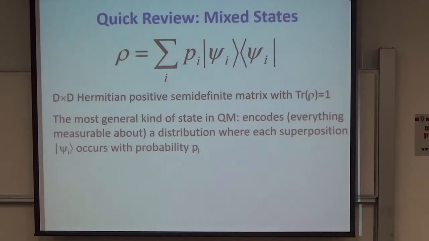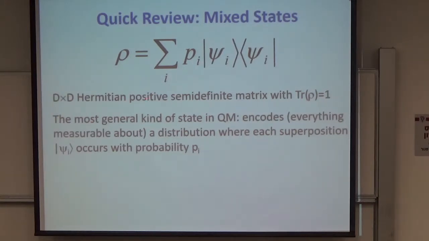Before we go further, a very quick review. For most of this talk, I'll be dealing with mixed states. A mixed state can be thought of as just a probabilistic ensemble over pure states, and we represent it by a matrix like this.